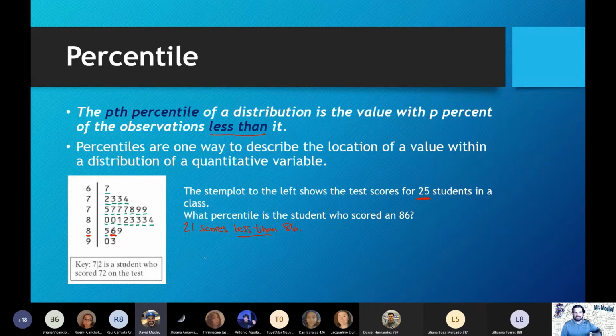And so to find the percent of scores less than 86 is 21 divided by 25. The scores that are less than 86 divided by the total number of observations, number of scores, number of students. And that will get me the result of 0.84.